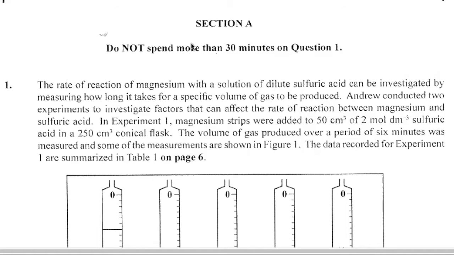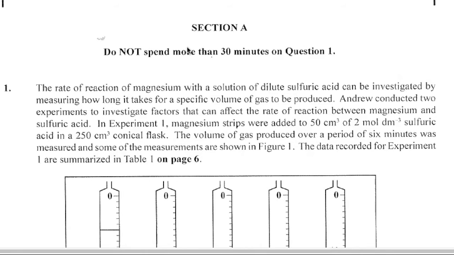In experiment 1, magnesium strips were added to 50 cm³ of 2 moles per dm³ sulfuric acid in a 250 cm³ conical flask. The volume of gas produced over a period of 6 minutes was measured, and some of the measurements are shown in figure 1. The data recorded for experiment 1 are summarized in table 1 on page 6.